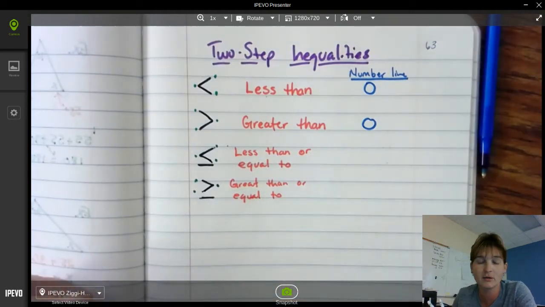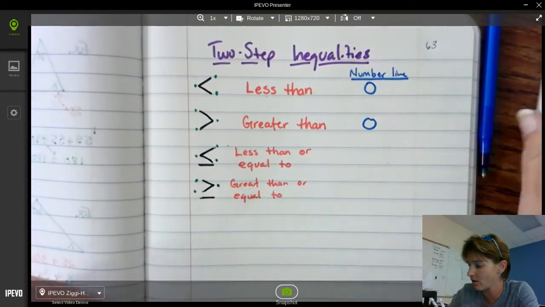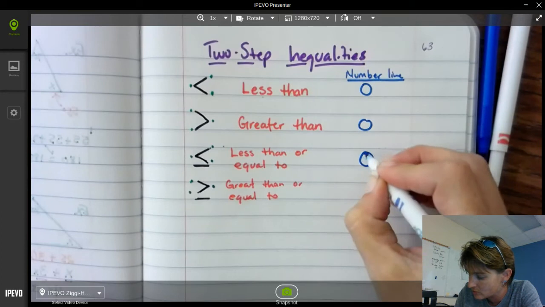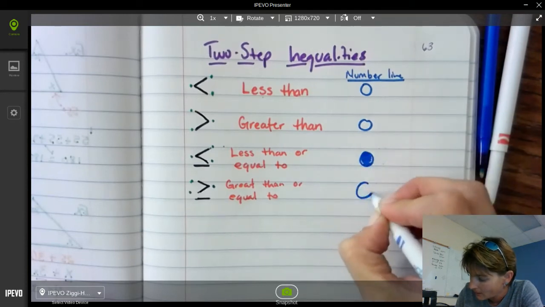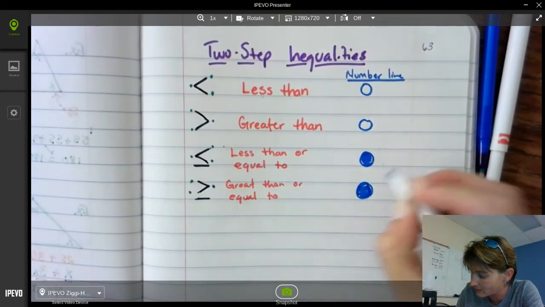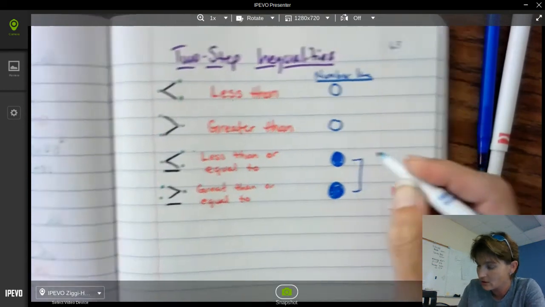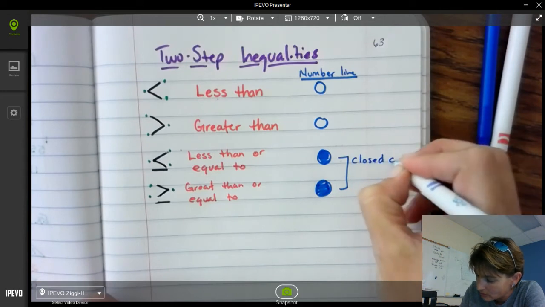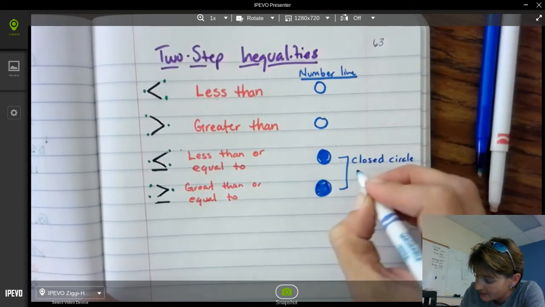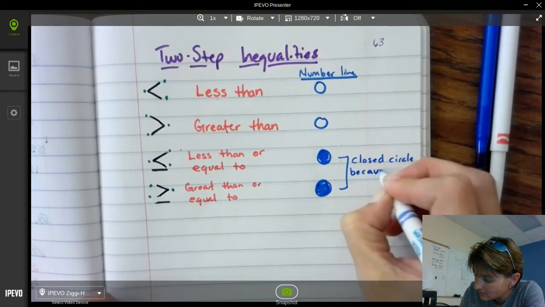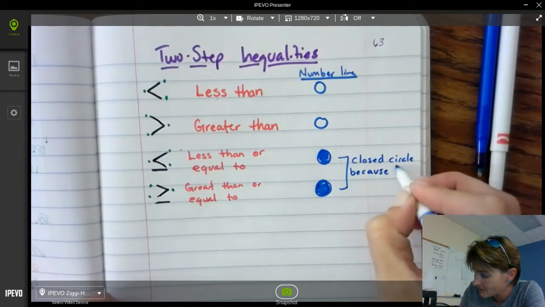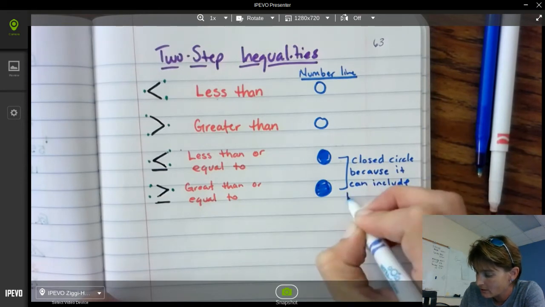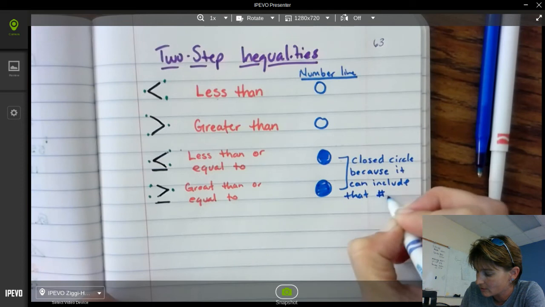Now, when it comes to the number line and when we start putting our things on a number line, the equal to gets a closed circle. The reason why these are closed is because it can include that number.